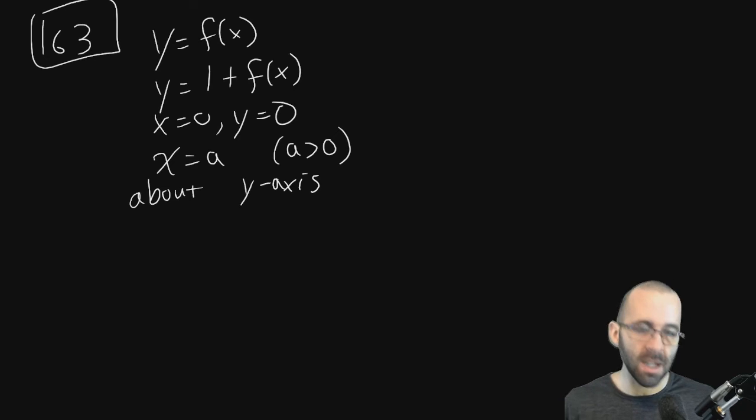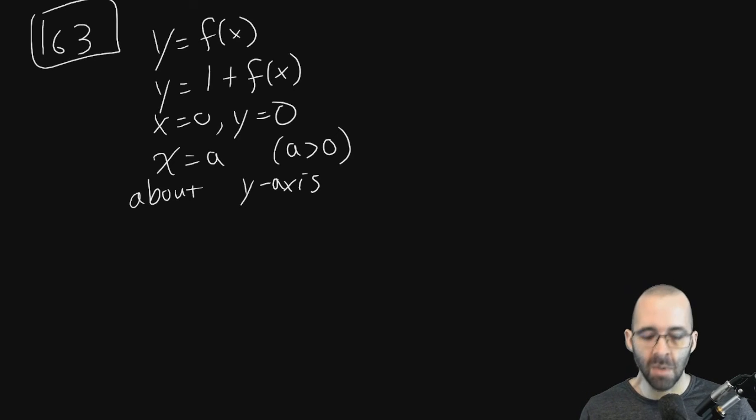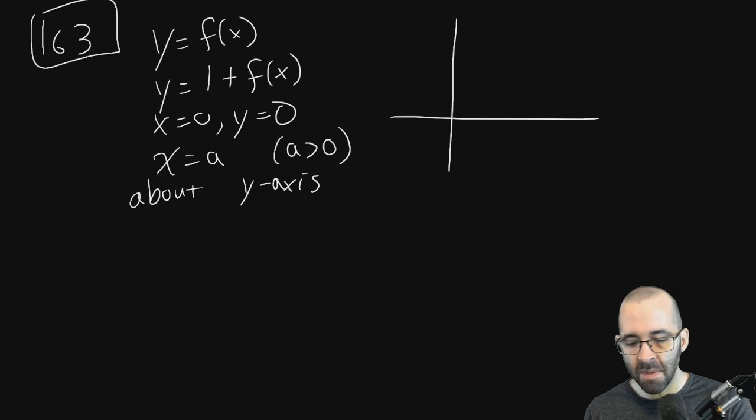So let's just draw a little picture. Obviously, we don't know what any of this looks like. So we have some kind of function of x, and we're going from 0 up to some a. We don't know where a is.